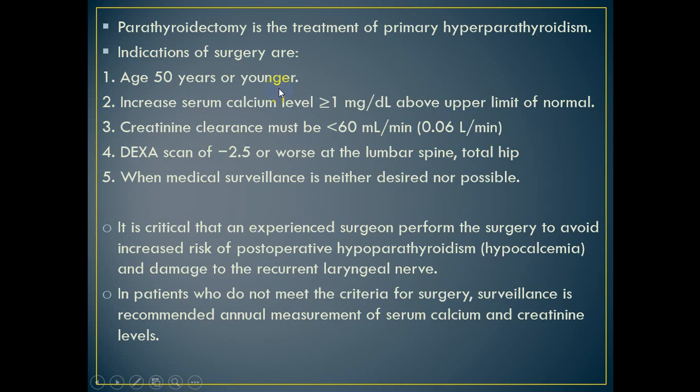It's frequently associated with very high serum calcium level, usually more than 14 grams per deciliter, and very high parathyroid hormone level, more than 250 milligrams. Surgery is the primary and the only curative treatment.